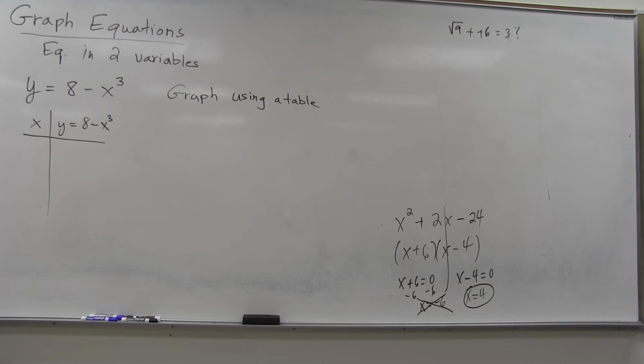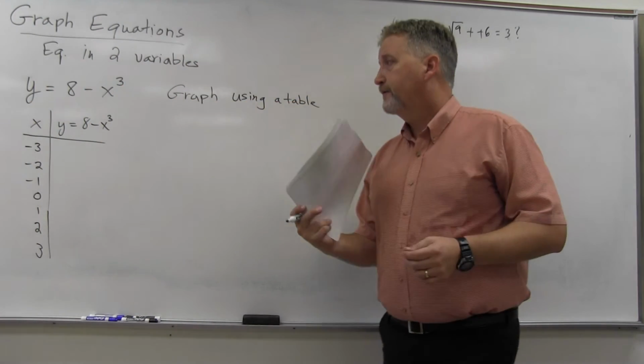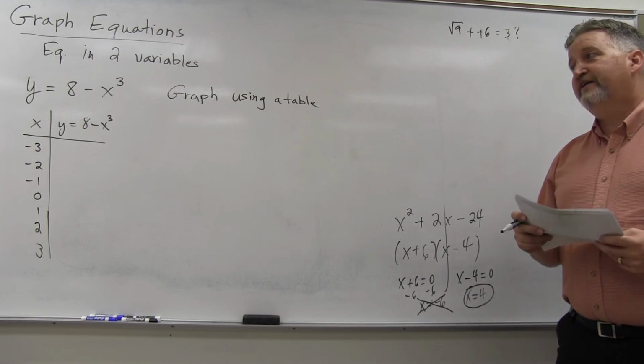All right. Now here's the ones I'd like for you to use, starting off, just so we get a pretty good idea. Sometimes these may not be the best ones to use, but let's just pick out x values. In this case, I'm going to pick x to be -3 to +3.